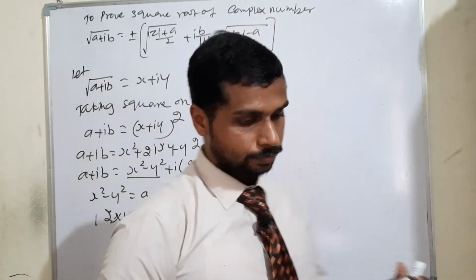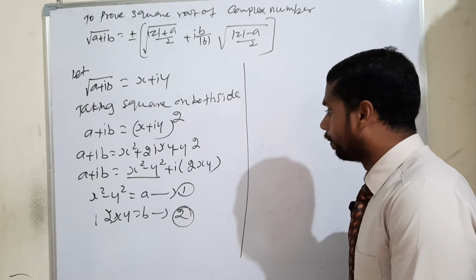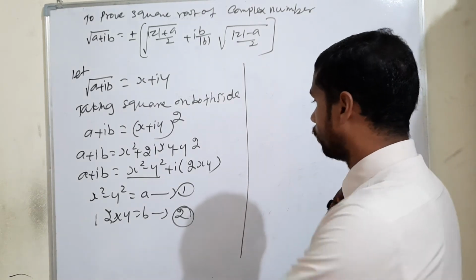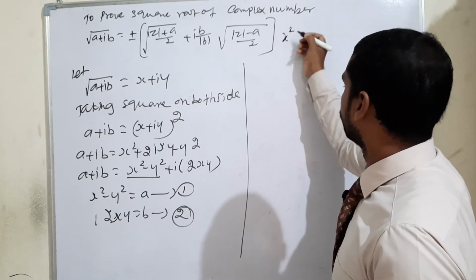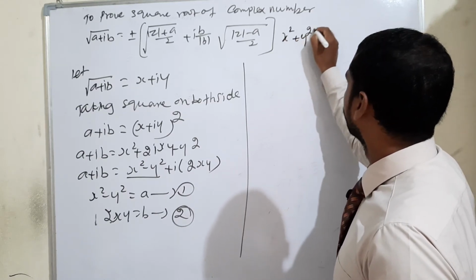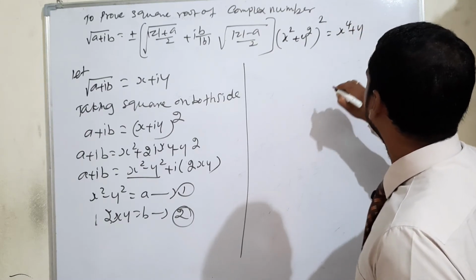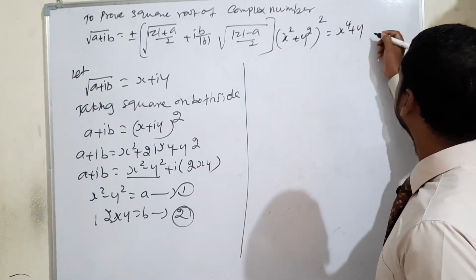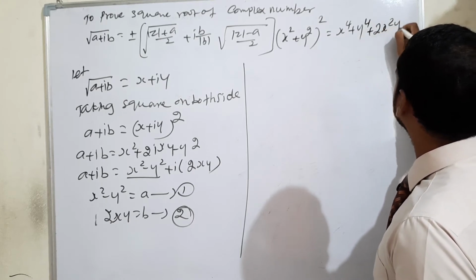Now, what we have to do? Equation 2xy is equal to b. This is equation number 2. Already we know, in lower grade we learned one formula: x square plus y square the whole square is equal to x power 4 plus y power 4 plus 2x square y square.